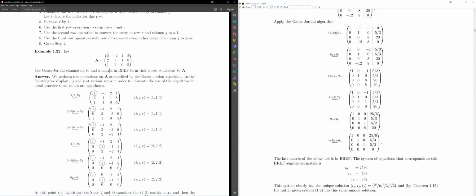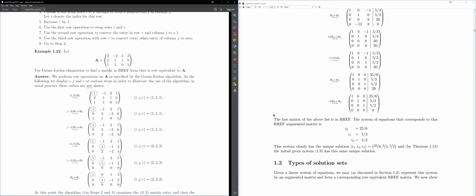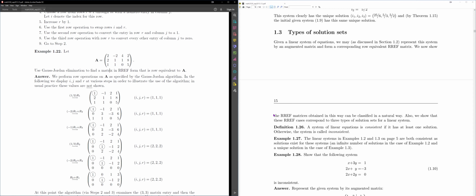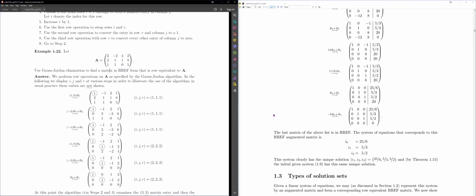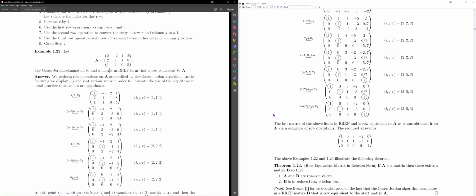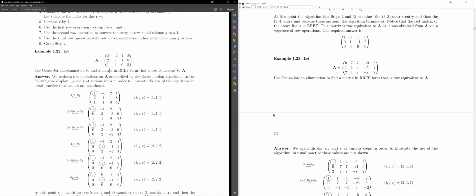If the top entry was 0, then you'd need to exchange rows. An actual example of that is this over here. If you apply Gauss-Jordan to this, and we start with this column, you look at this entry and you want to make sure that it is non-zero.